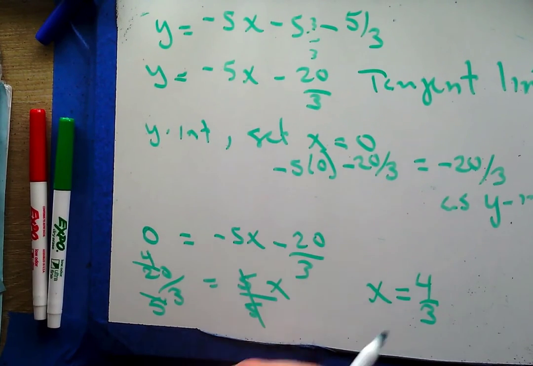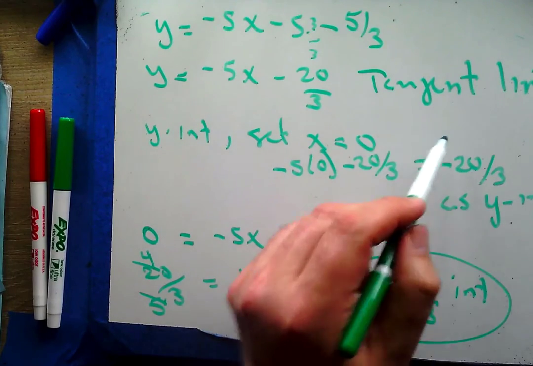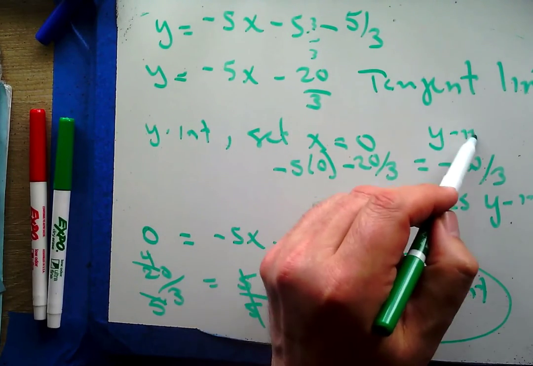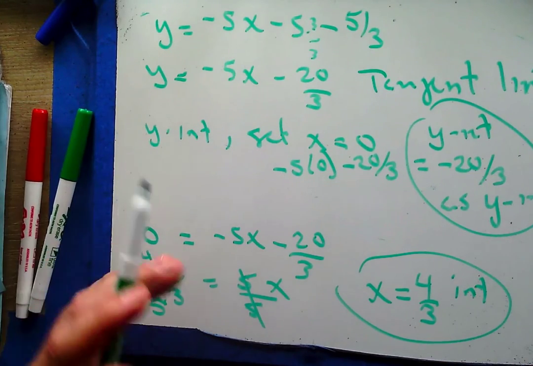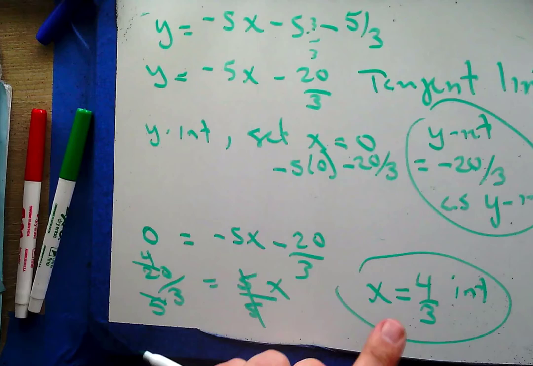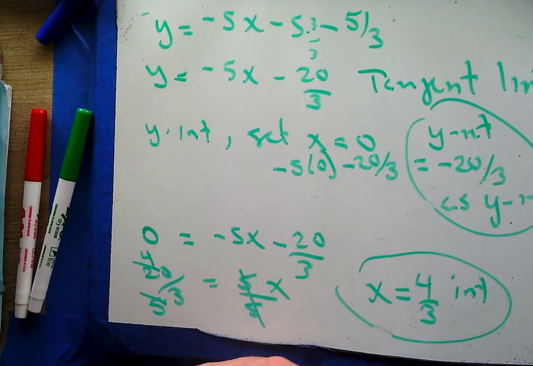All right, so that's my x-intercept and that's my y-intercept. And what are we looking for, just to be sure? Of the tangent line. The tangent line is linear and therefore only has one x-intercept and one y-intercept. That was problem number 6. Let's move on to problem number 7.